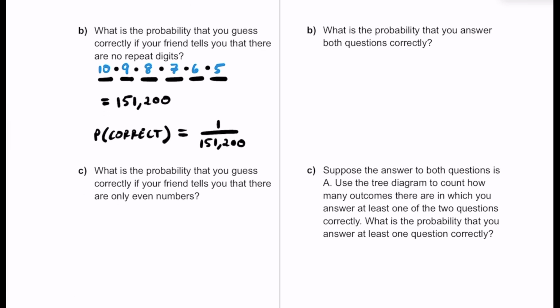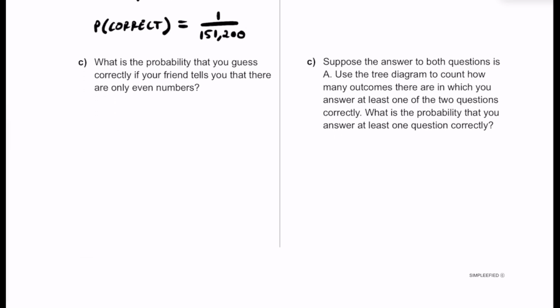All right, in part C, it says, what's the probability that you guess correctly if your friend tells you that there are only even numbers? Again, the assumption is we are starting over from scratch here, but with different parameters. So 1, 2, 3, 4, 5, and 6. If it specified that you're going off of the other parts, then sure, you would consider it.